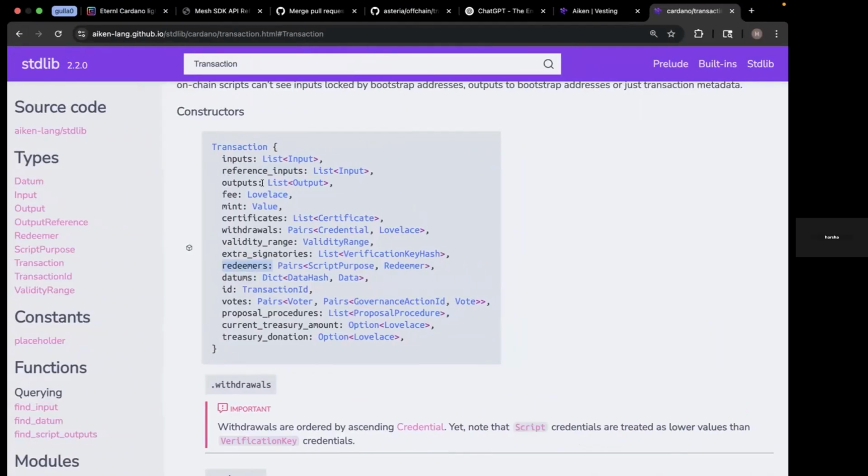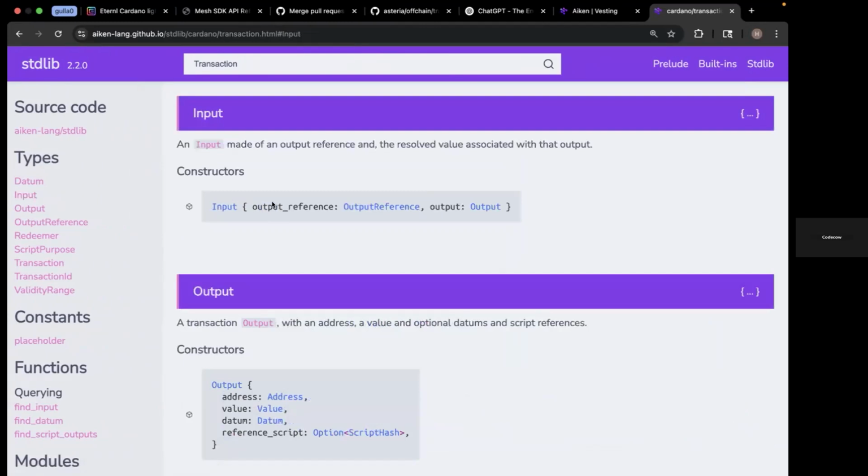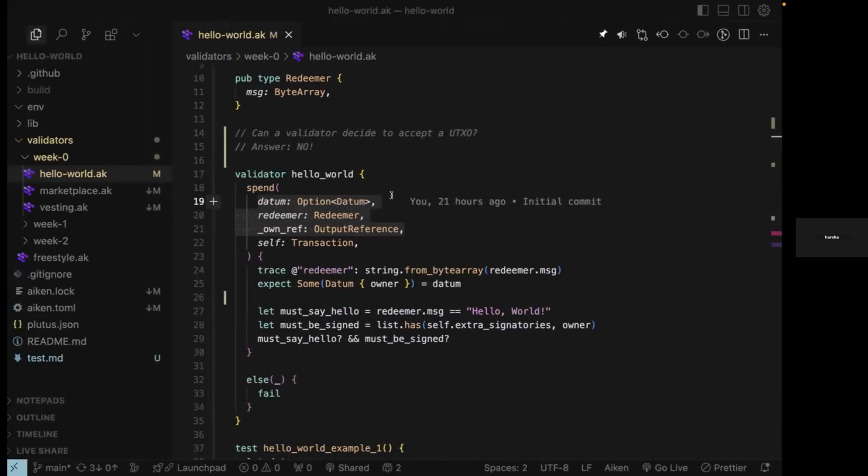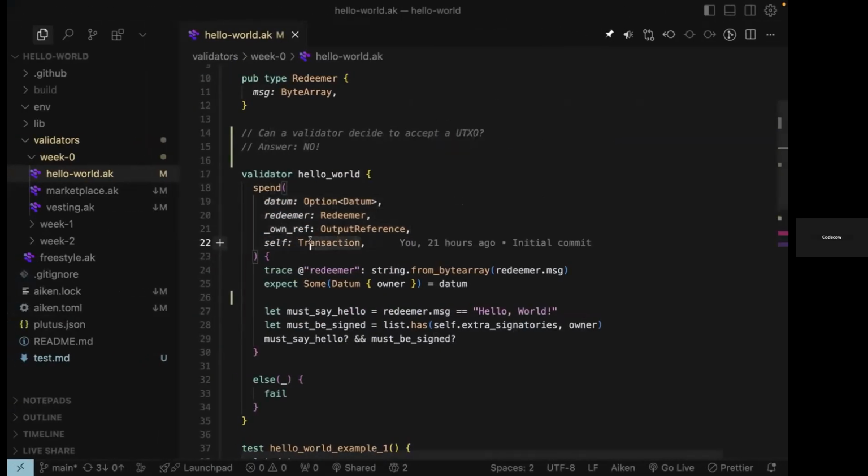Wait, I know something. I know output reference is a part of inputs. If I go to inputs, this is a list of inputs, and if I go to one input, it is made of an output reference and output. So that means all those guys are all part of this transaction.